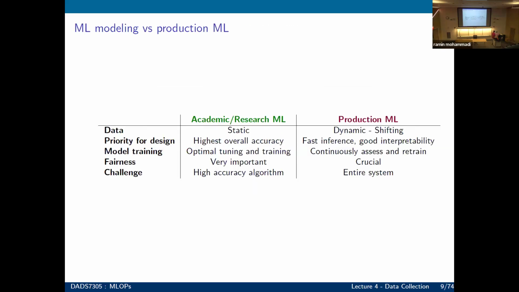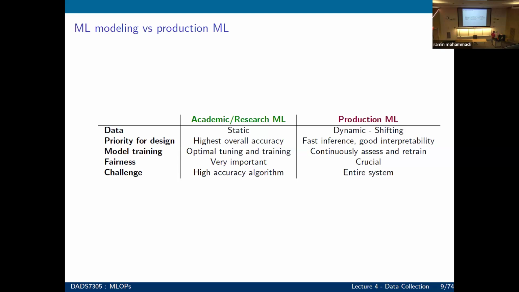Remember in the previous class we talked about the data-centric view versus the model-centric view. Which one was the data-centric view? It's that we spend more time on data and not on the model. The model-centric view is that we spend more time on the best model: academia versus industry. In academia and research, data is static.